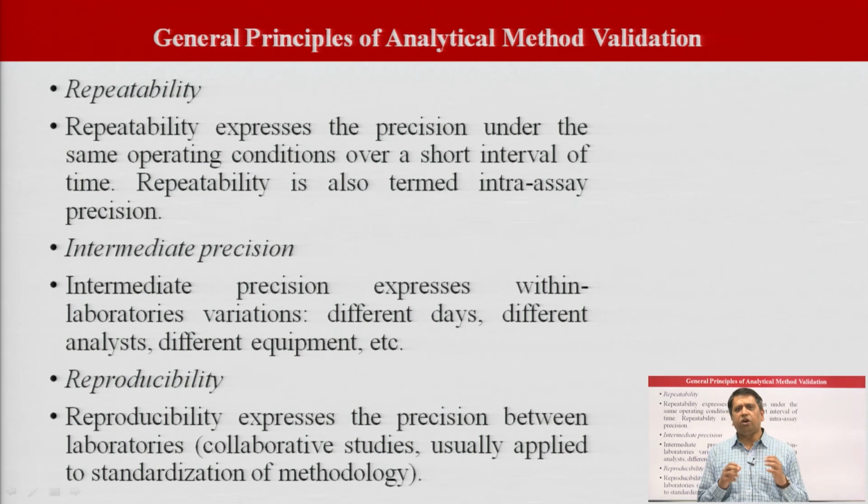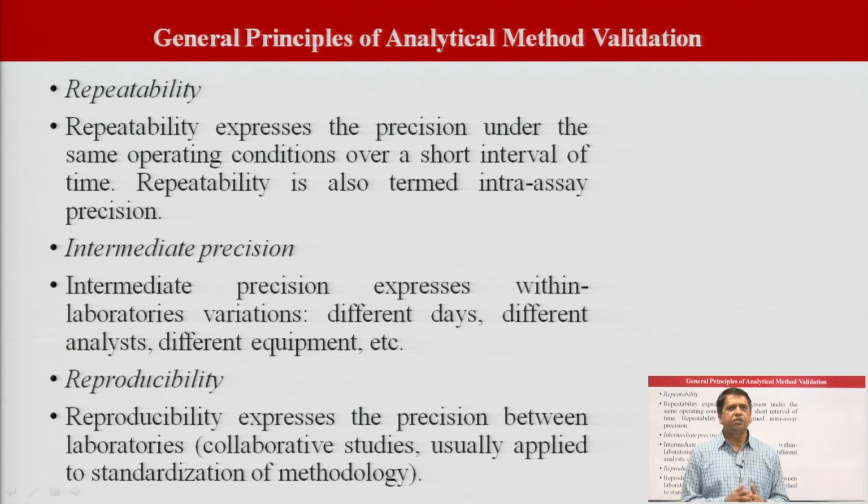So, within a very short interval we are performing repeated experiments and calculating the deviations, and if the deviations are within the specified limit, that means our method is repeatable.